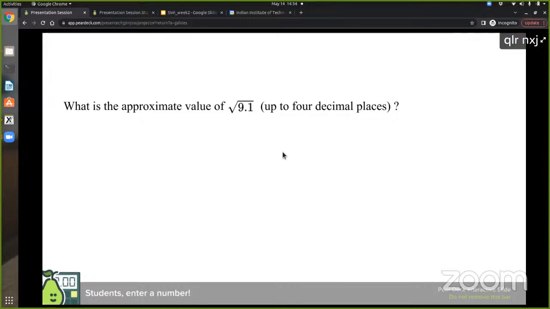So think about the function that should be taken in this case. The function should be taken as, tell me. Square root of x, yes.